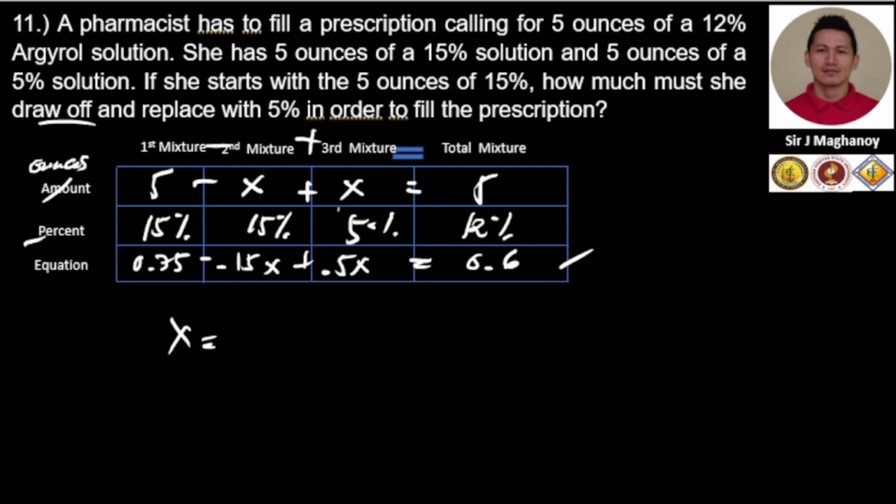Shift solve, our answer is 1 and 1/2, or equal to 1.5, or 1 and 1 half. Our unit here is ounces.